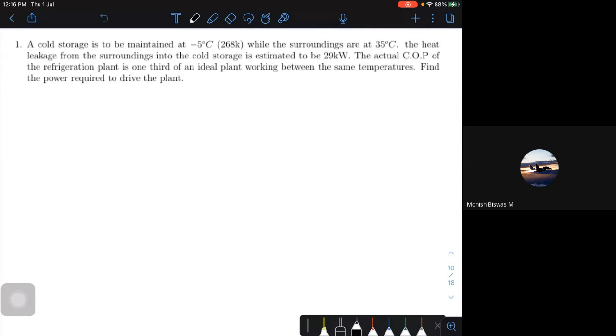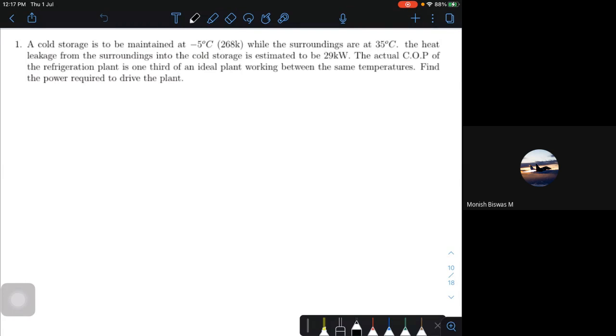I have taken a very simple first problem, which is based on the Carnot cycle. A cold storage is to be maintained at minus 5 degrees Celsius, that is 273 minus 5, which is 268 Kelvin, while the surroundings are at 35 degrees Celsius.